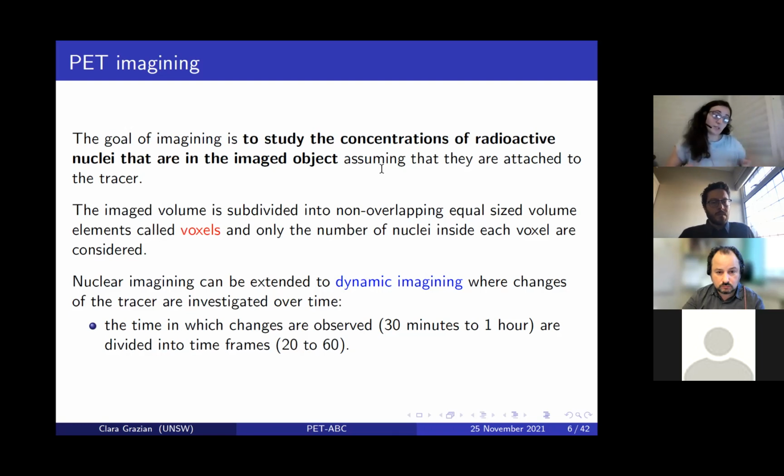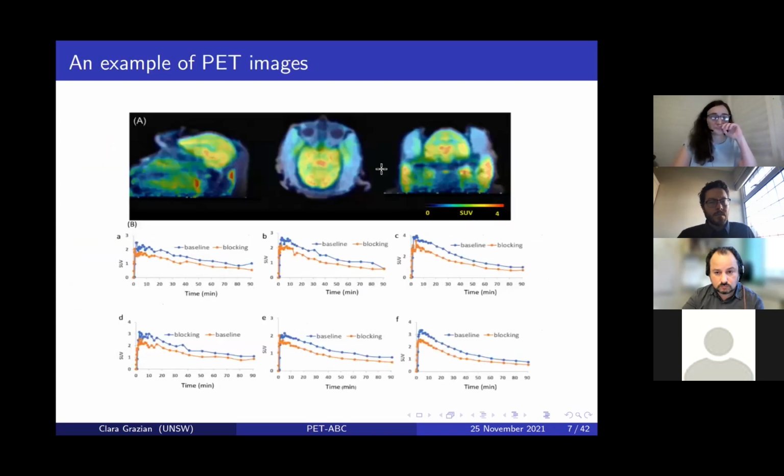Then you have a 3D image, but it can be followed over time to get dynamic imaging, where changes of the tracer are investigated. Usually you observe the image over 30 to 60 minutes, and the time is divided into usually between 20 and 60 frames.